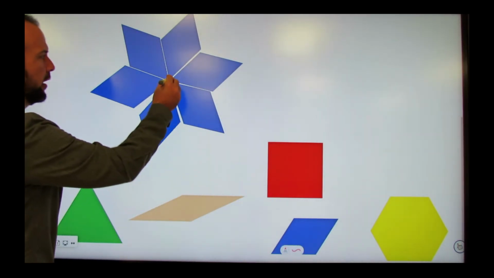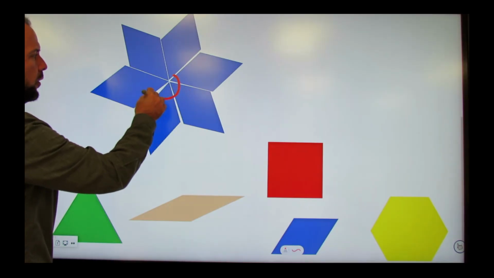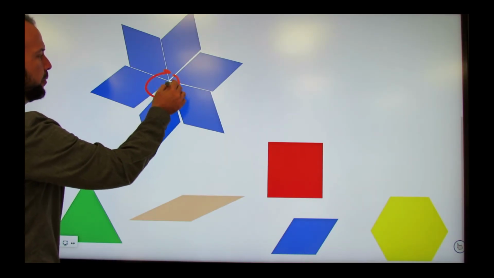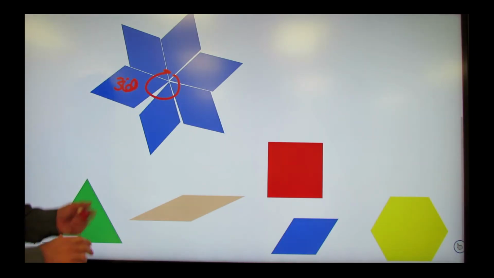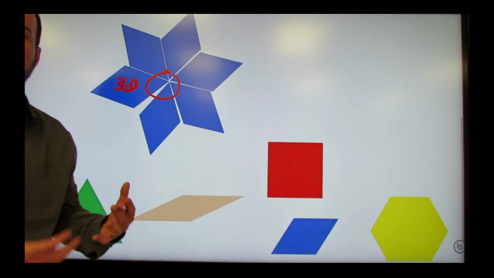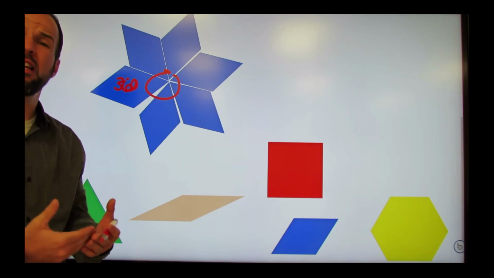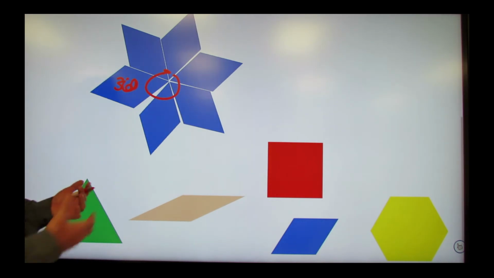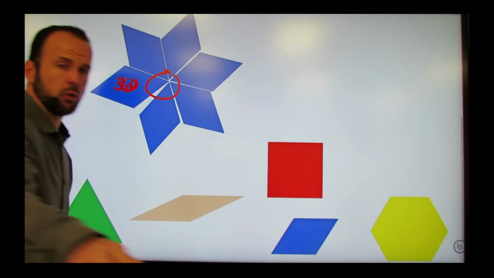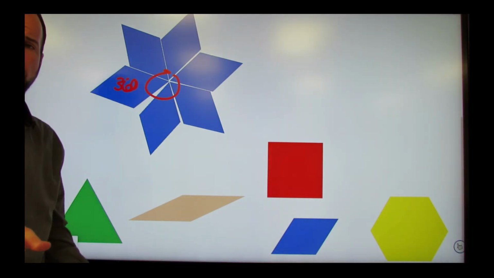So that means that if I start at one line here and go all the way around, it's going to give me 360 degrees. Okay? So 360 degrees, I'm going to have to take that and divide it by 6 if I want to figure out what each individual angle is going to be. And then I'll be able to do that. Now, I'll let you guys work on that at home because it's way more fun for you to try it yourself, right?